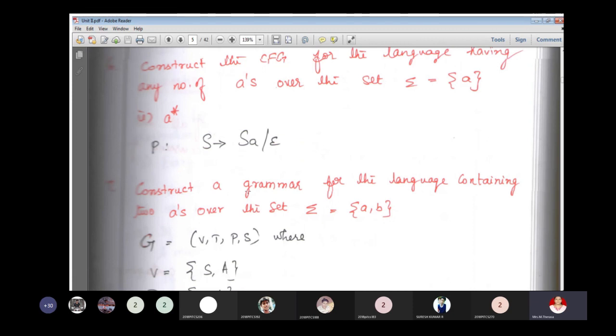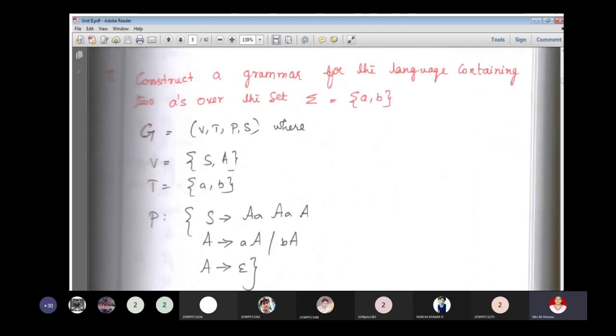Next, construct a grammar for the language containing two a's over the set sigma equal to {a, b}. The terminals are a, b, but the grammar you write should give the language that contains two a's. So S goes to A a A a A, where A can be any string of a's and b's.